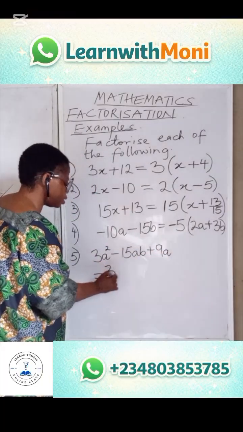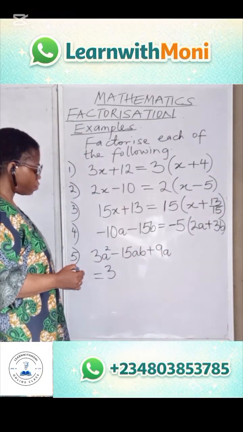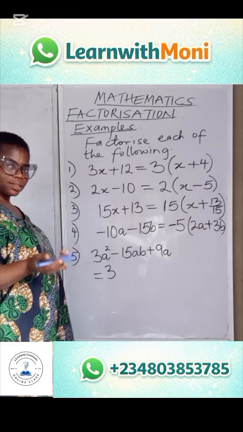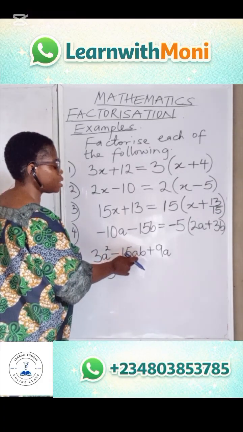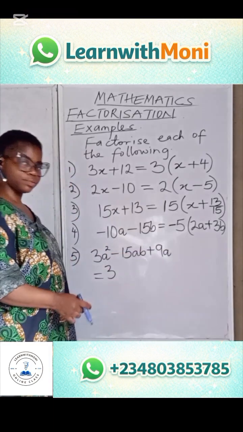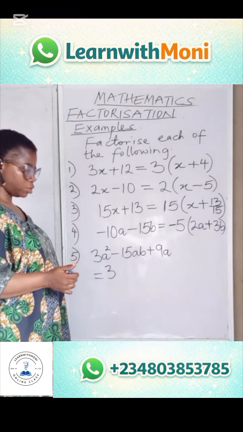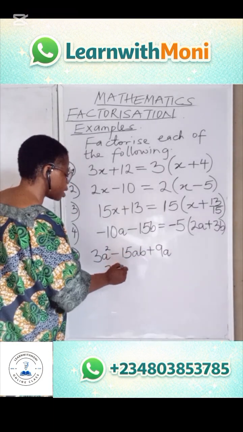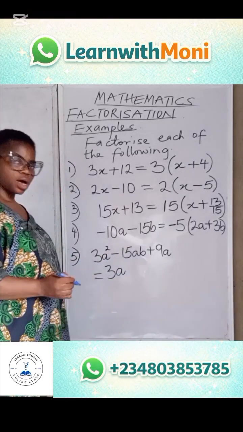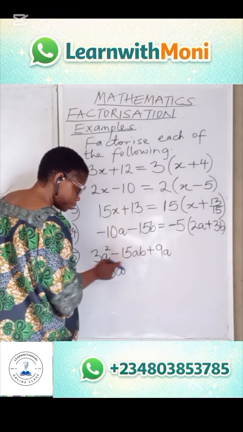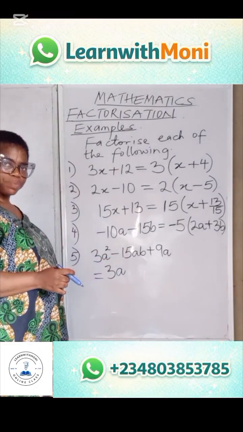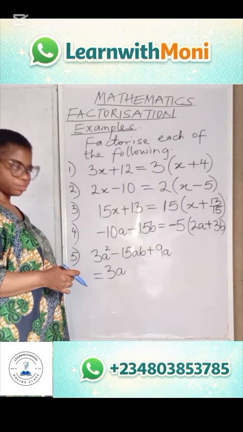Another thing I can see, there is A here, there is A here, there is A here. So A is common to the 3 of them. I want to bring out the A as well. There is B here, but I don't find B in any other place, so the B is not common.